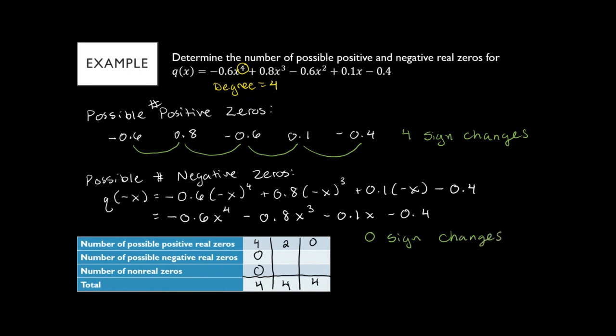So we've just got to plug in 0 for all of the negative possible zeros. So now we just fill in the remainder. If we have to add up to 4, if there are 2 that are positive, then 2 must be complex. And if there are 0 positive, 0 negative, then they all must be complex numbers.